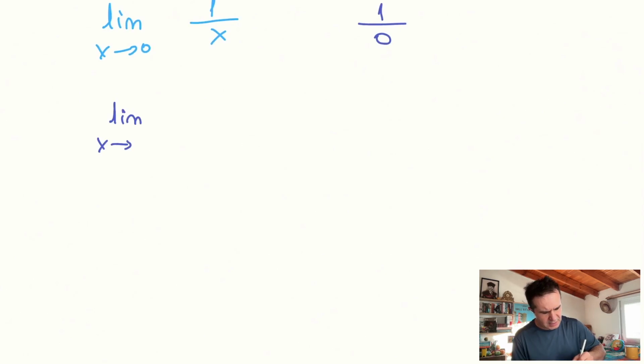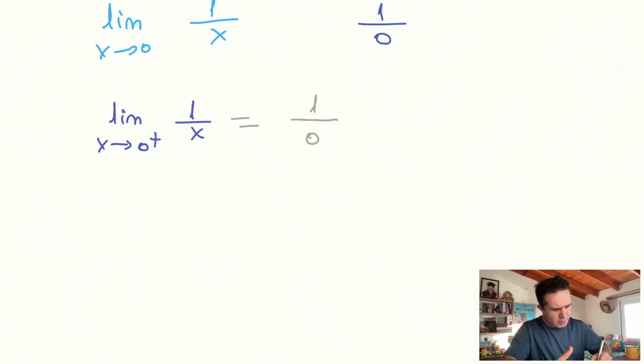The limit as x goes to 0 from the right hand side, 1 over x will be 1 over 0 plus. As x approaches 0 from the right, the function grows without bound, so this will be equal to plus infinity.